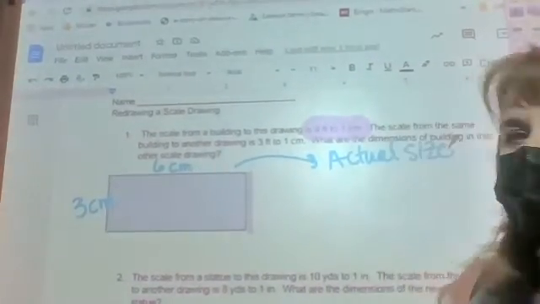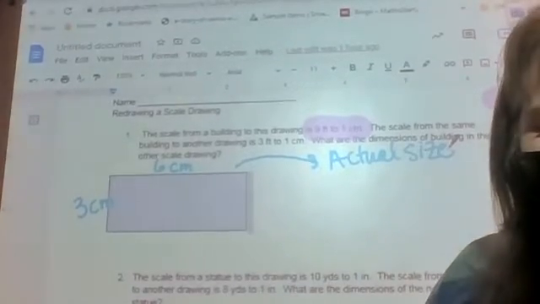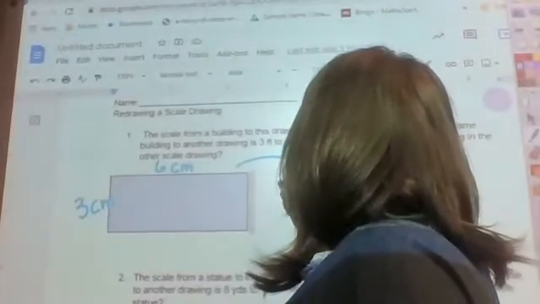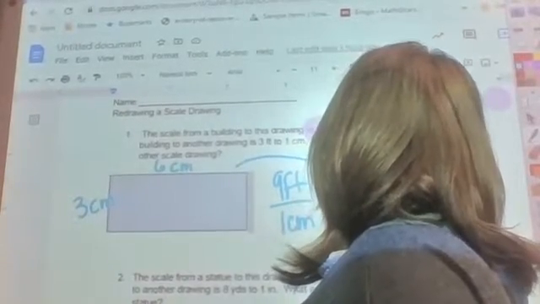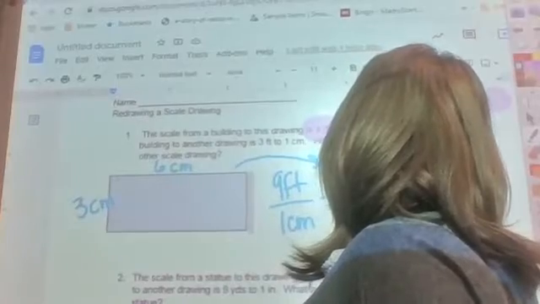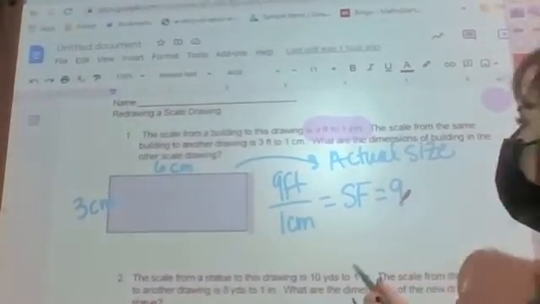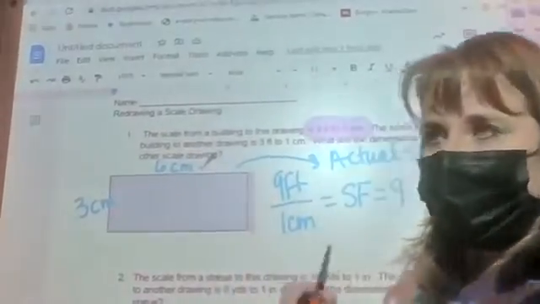When you go from a scale drawing to the actual size, you multiply by the scale factor. The scale factor is 9 feet to 1 centimeter, so our scale factor is 9. That means for every 1 centimeter on here is 9 feet in real life.